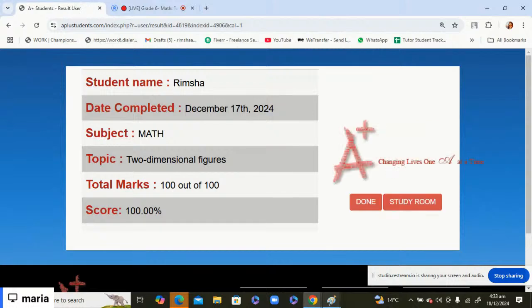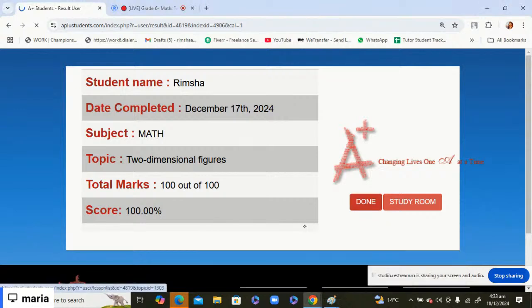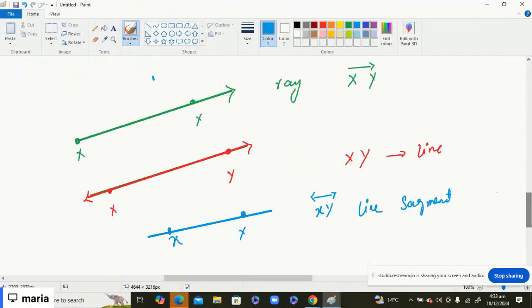So now here we're going to complete it. Basically, this is what we have done in it. What is the thing that we have discussed: the line, the ray, and the line segment? The ray has only one endpoint.